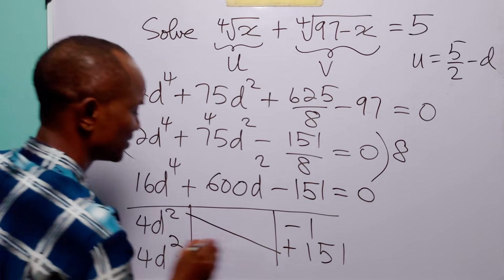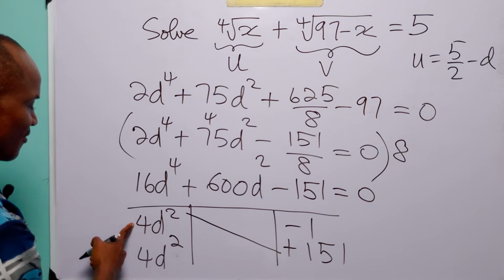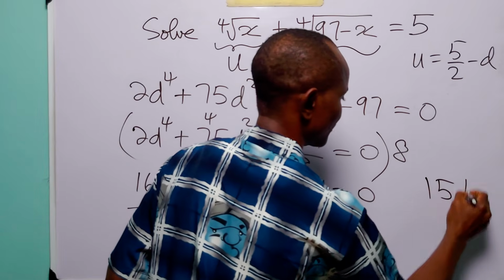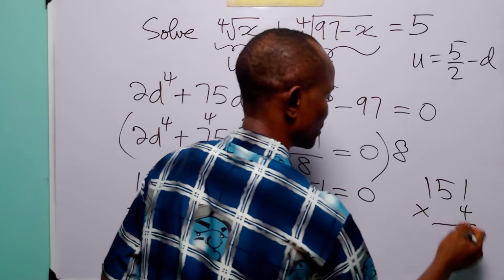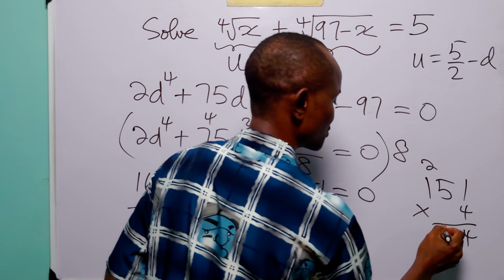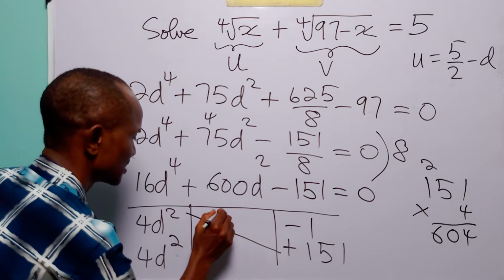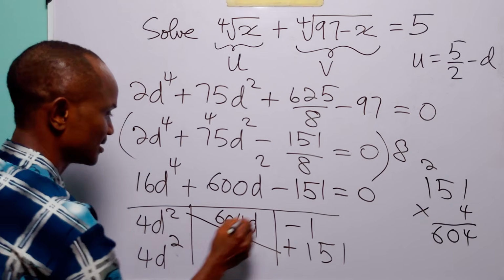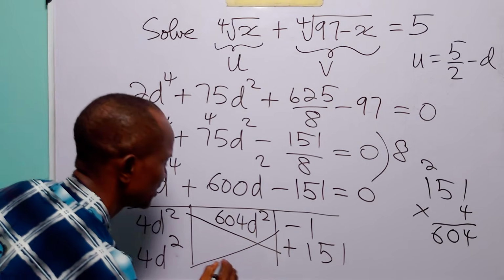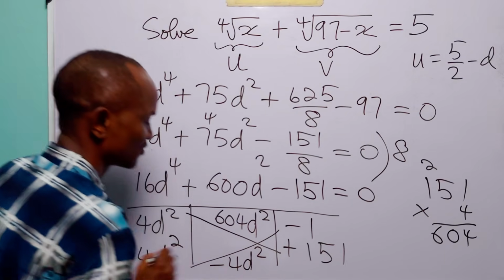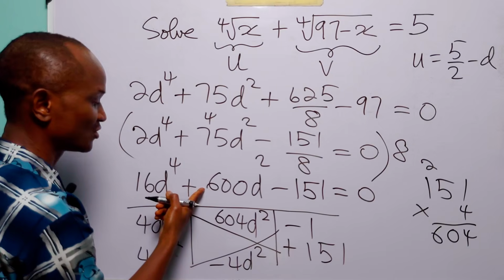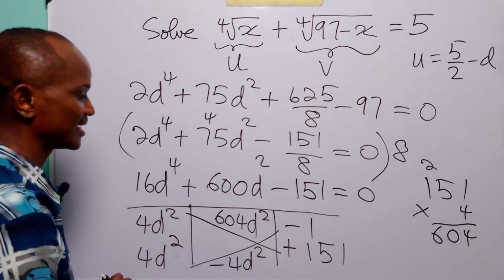Now let us check if this balances. 4d squared times 151 is going to give us 604d squared. And then minus 1 times 4d squared is going to give us minus 4d squared. And 604d squared minus 4d squared is going to give us plus 600d squared.